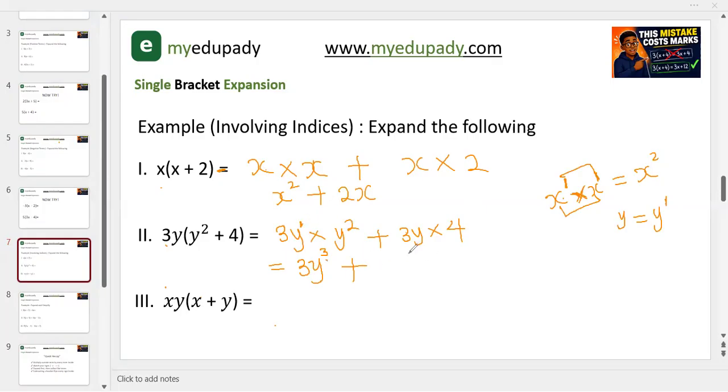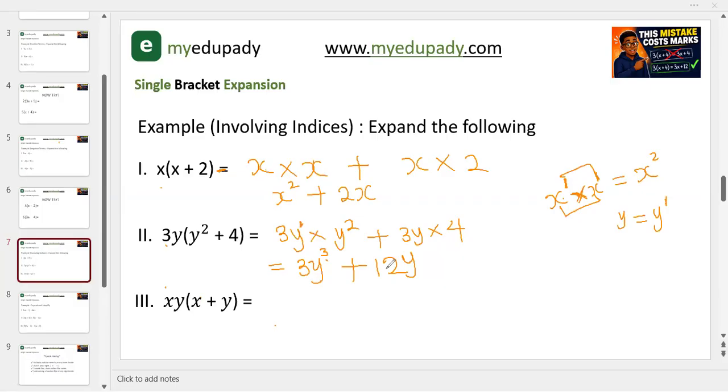So plus 3y times 4 is going to give me 12y. So my answer for this expansion is 3y to the power of 3 plus 12y.